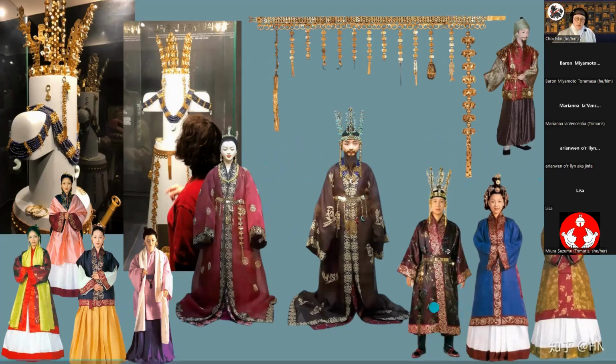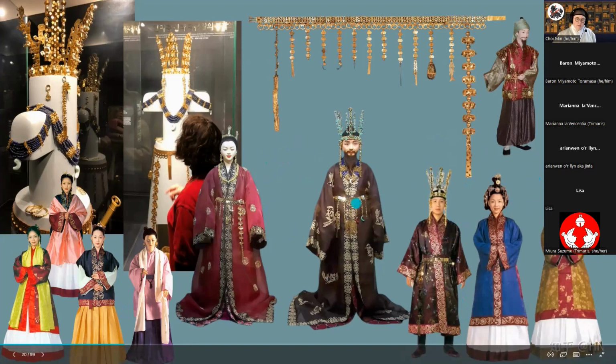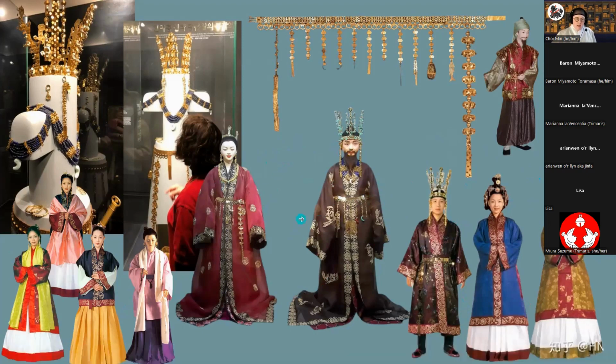But here we can see it's very similar to the other two kingdoms at the time, and we just tack on the bling and like these gold belts. They have like all these different symbols tied onto them, and so much symbolism. And basically they were flexing because the Korean peninsula had a ton of gold available.